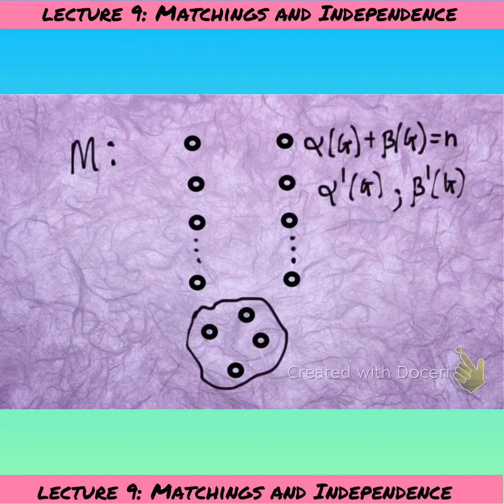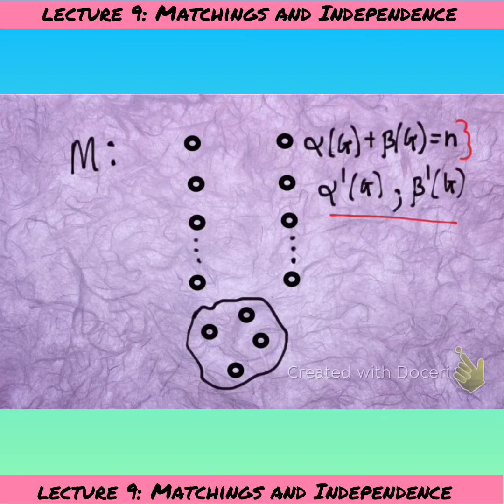So it is the smallest number of edges that I need to cover all the vertices of my graph.